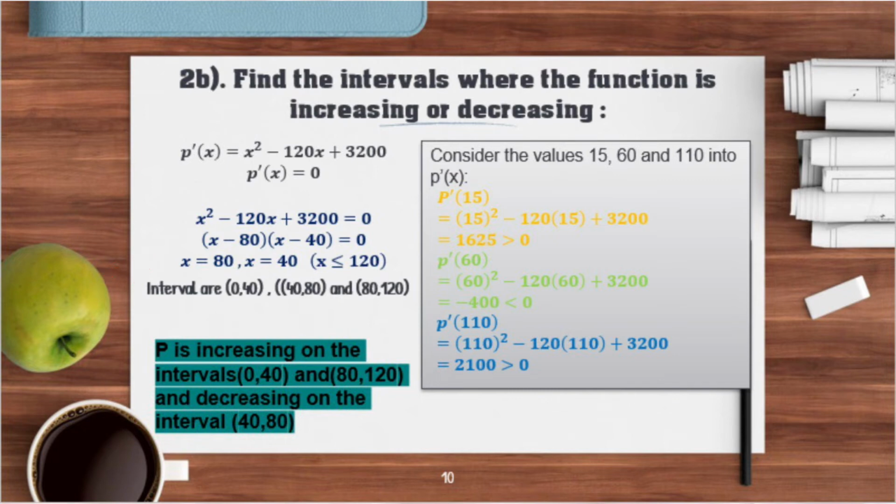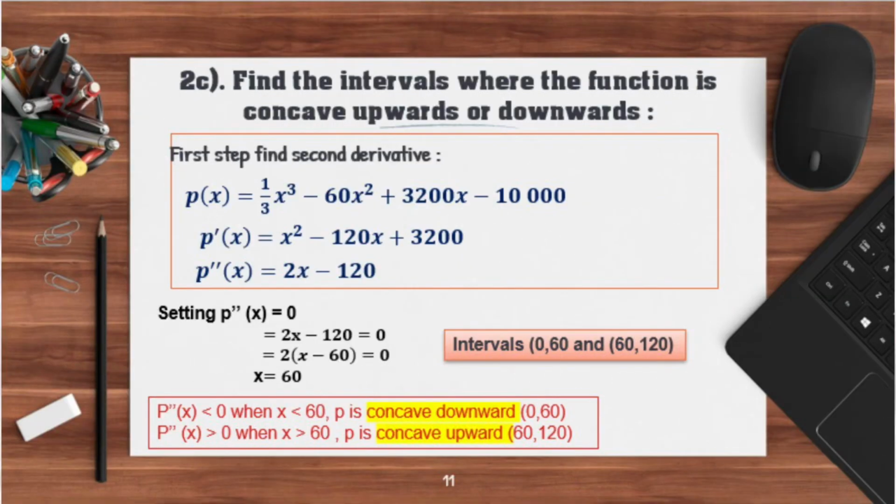Let's consider the values 15, 60 and 110 in the P-prime equation to test which interval is increasing and decreasing. As we can see, P is increasing on the intervals 0 to 40 and 80 to 120, and decreasing on the interval 40 to 80.